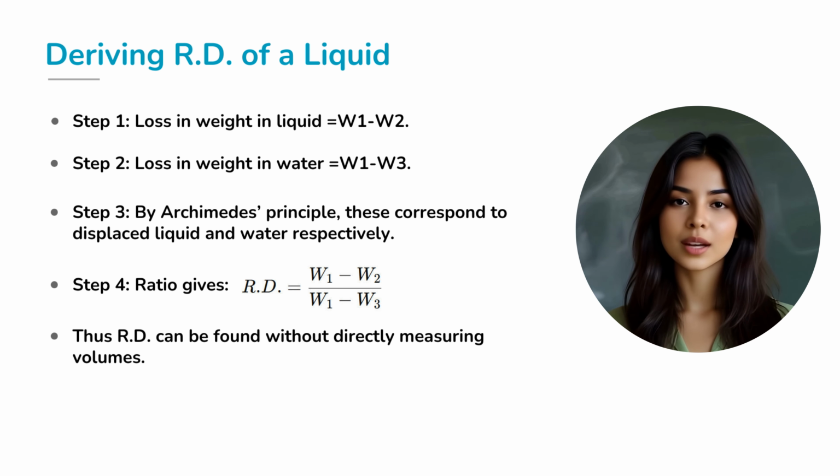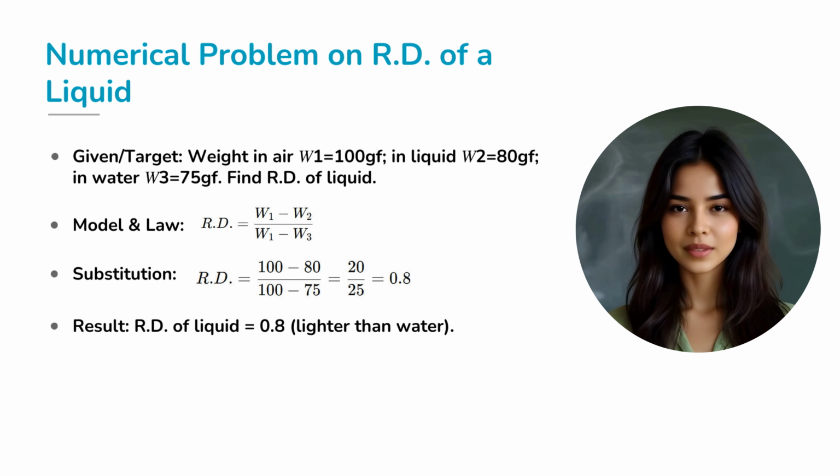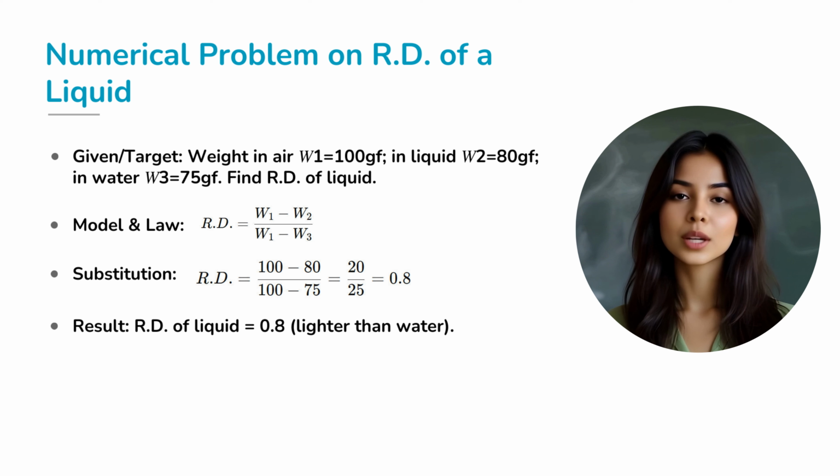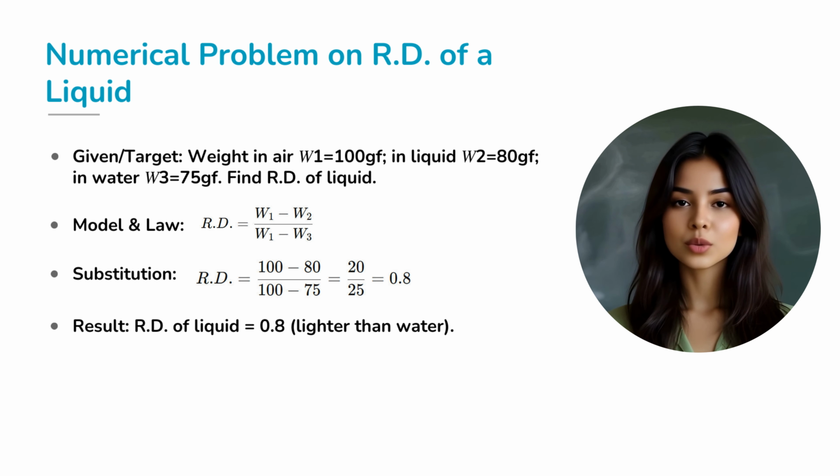Simple, powerful, and elegant. Now let's solve a numerical problem to make this concrete. Suppose the weight of a body in air, W1, is 100 gram force. Its weight in liquid, W2, is 80 gram force. And in water, W3, it is 75 gram force.